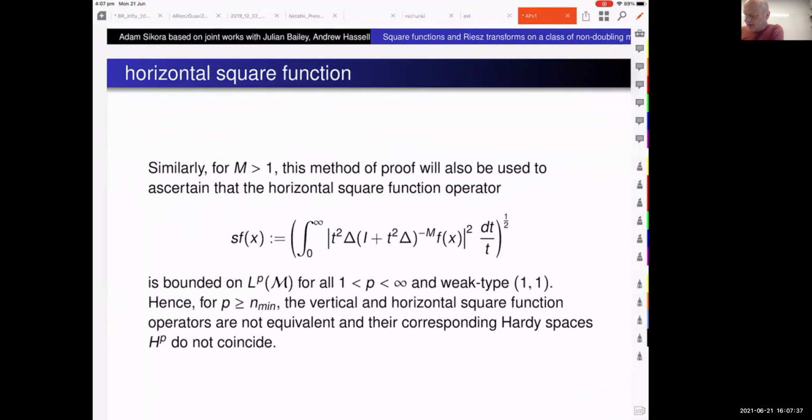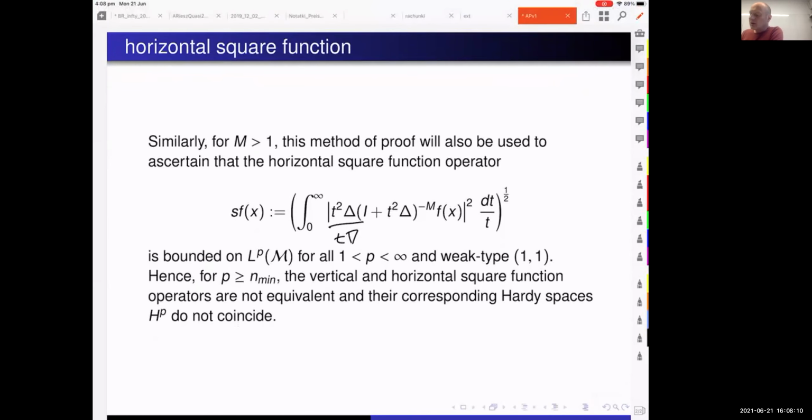Instead of having t gradient, t nabla, I'm replacing this by t squared Laplace operator, and Laplace-Beltrami if we talk about our manifolds here. And we again define the square function in a similar way. And here the difference is that we replace the gradient by the Laplace operator.